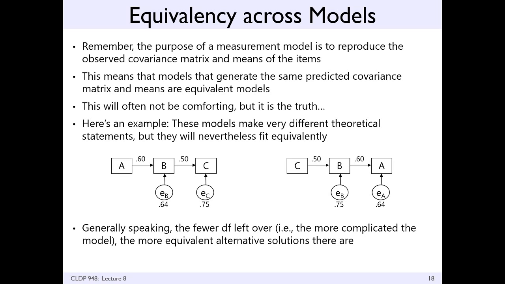And both models say that the only reason for A to C is B, or C to A is B. So I could have arrows going one way, arrows going the other way, or just covariances. They all fit the same. There is no way in observational cross-sectional data to use these models to attribute cause. There's not. The model will not fit better if you reverse the arrows.